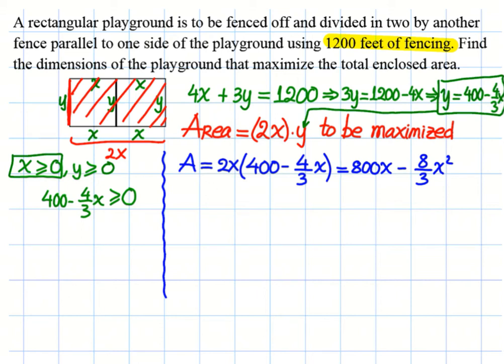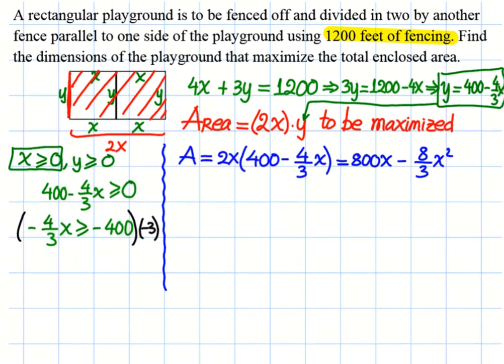Now we just solve for x. Subtract 400 on both sides: negative 4 over 3x is greater than or equal to negative 400. Next, I will multiply by negative 3 on both sides just to get rid of the negatives.